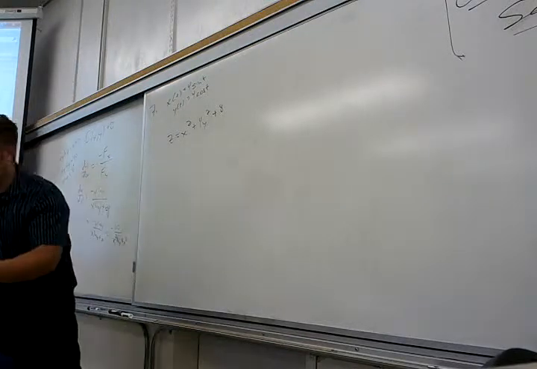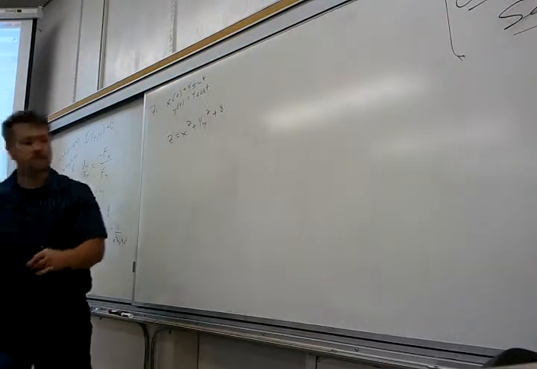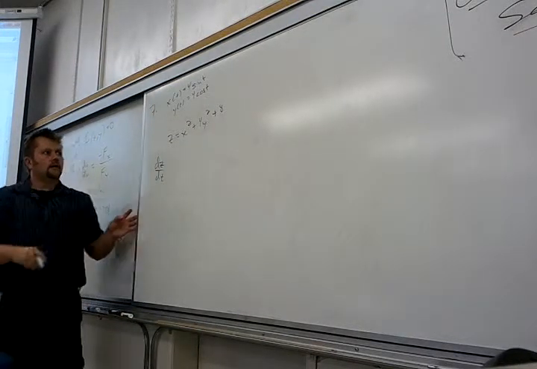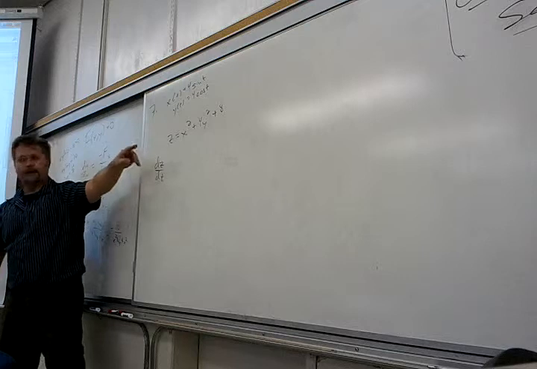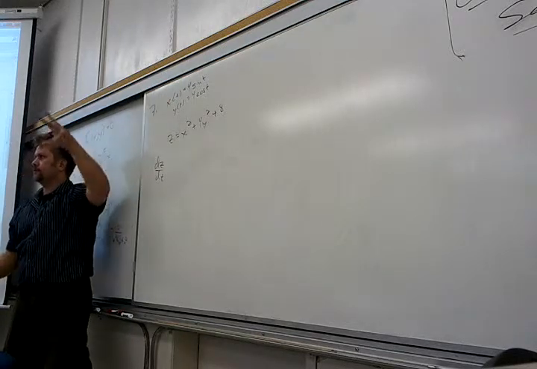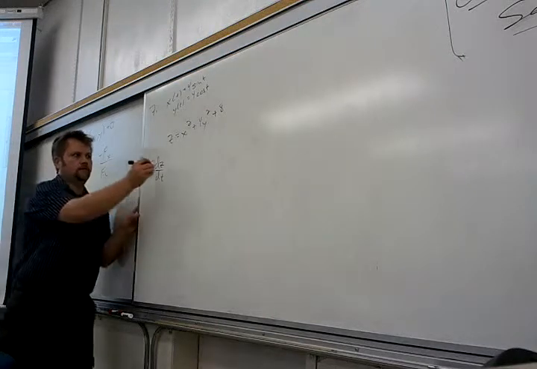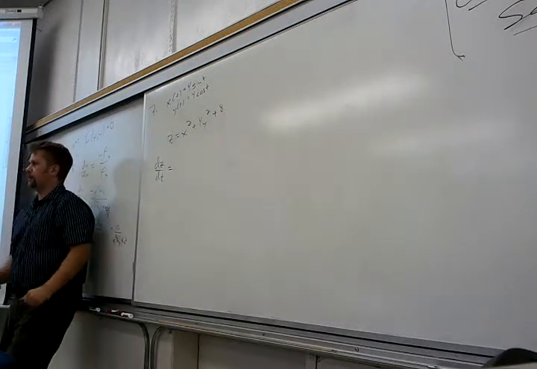So the rate of change of z with respect to t at t equals pi over 4. This is not too bad. They want this, and I can write it like that because x and y are both just functions of t. So the only thing z depends on ultimately is t, right? So how do I put that together?